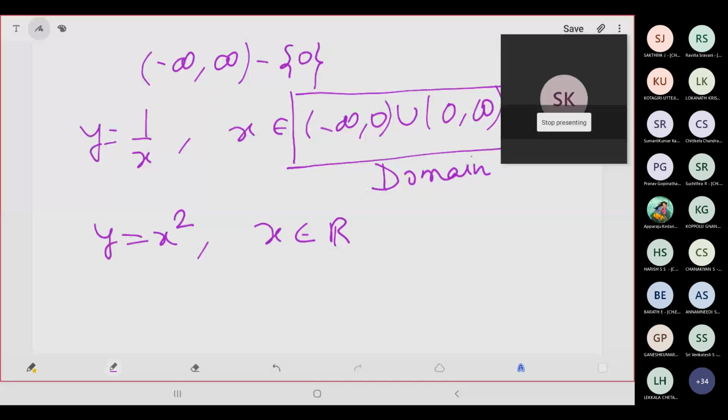There is no point inside the real line where the function is undefined. So whenever the function is y is equal to x square, your domain is minus infinity to plus infinity.